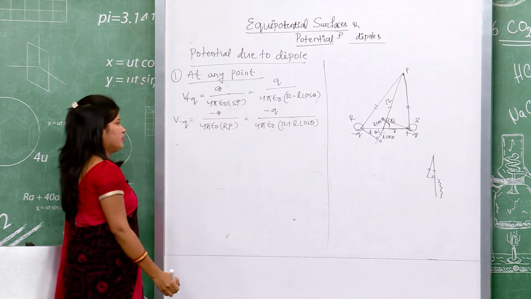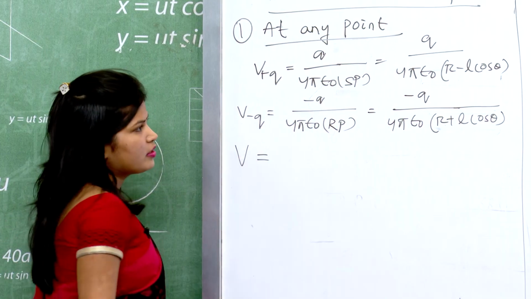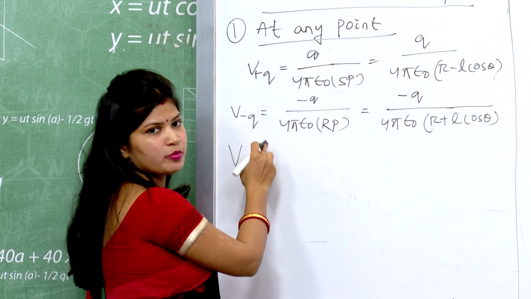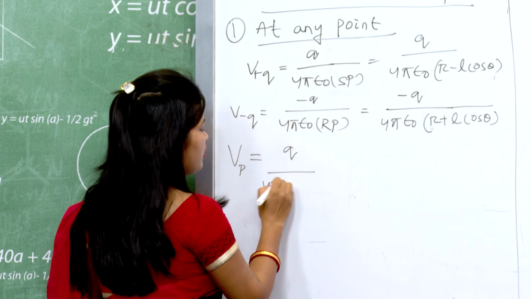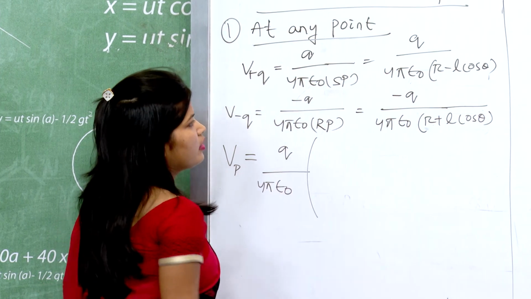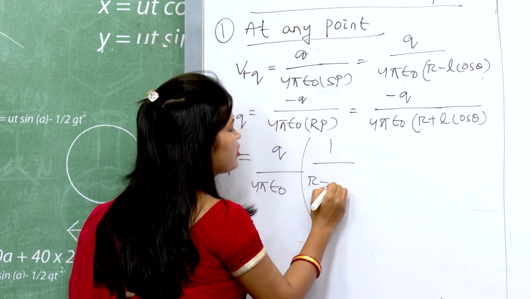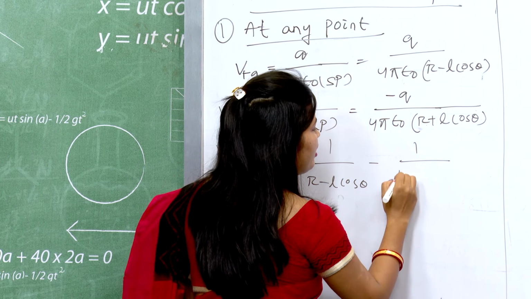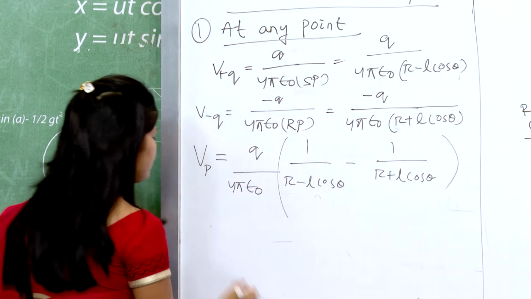Now, the net potential at point P is V plus Q plus V minus Q, which is equal to Q upon 4 pi epsilon naught, taking common, 1 by R minus L cos theta minus 1 by R plus L cos theta.